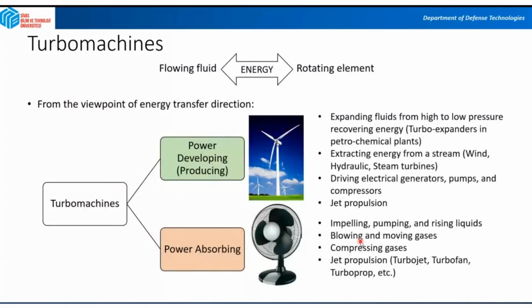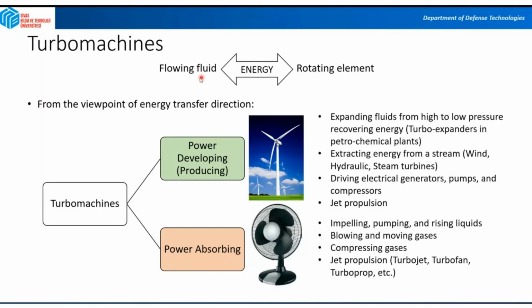So we said that we have this energy inside the fluid, or we can give some energy to the fluid, and this energy is flowing between the fluid and the rotating element.